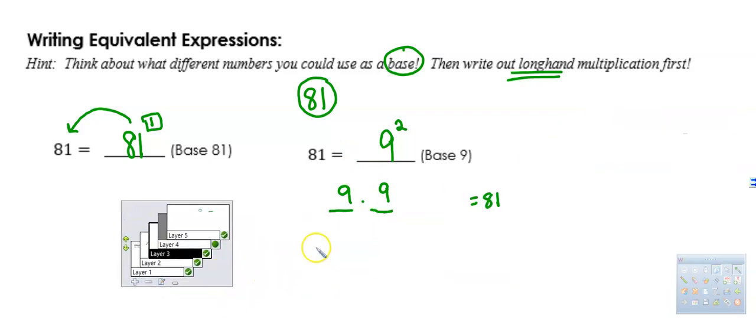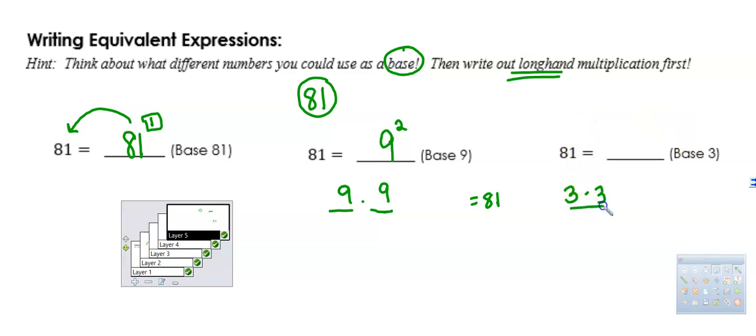So we're going to write a third way to write 81 in exponential form. And the third way is using a base 3. So how many 3s will it take to multiply together to get 81? Well, let's just start writing some out. Well, 3 times 3 is 9. So we're not there yet. We've got to get to 81. Well, 9 times 3 is 27.